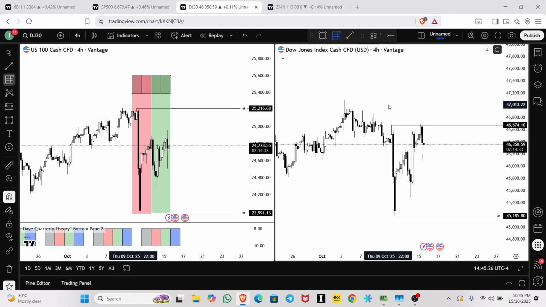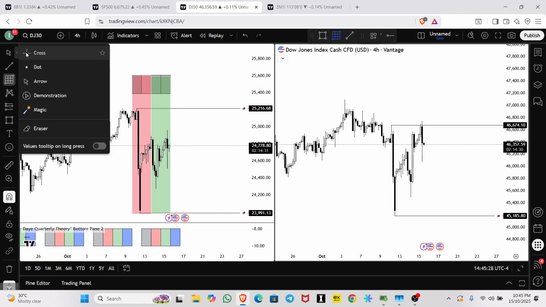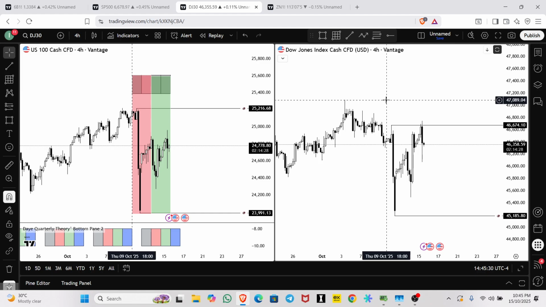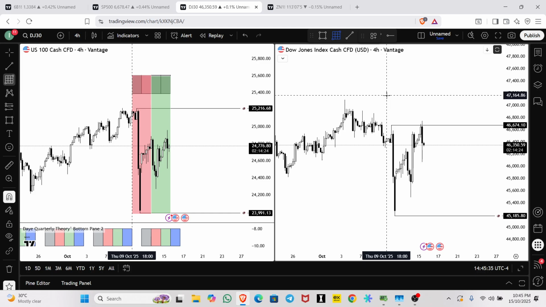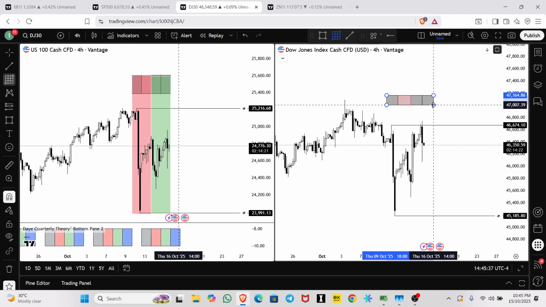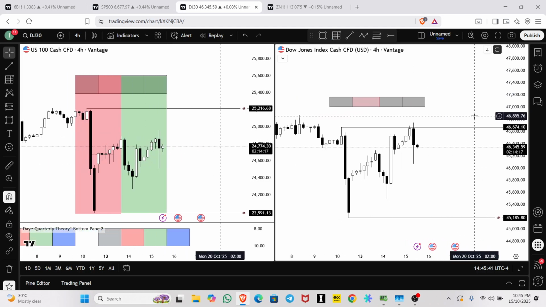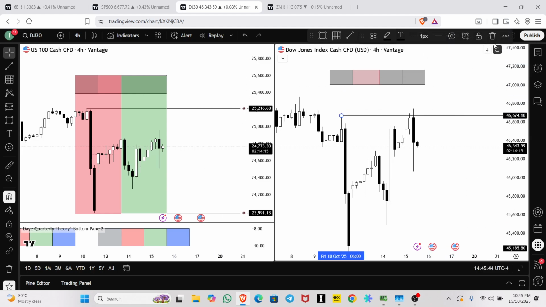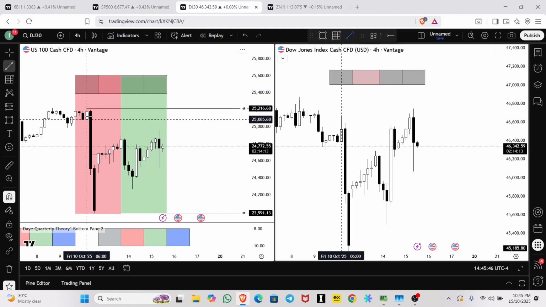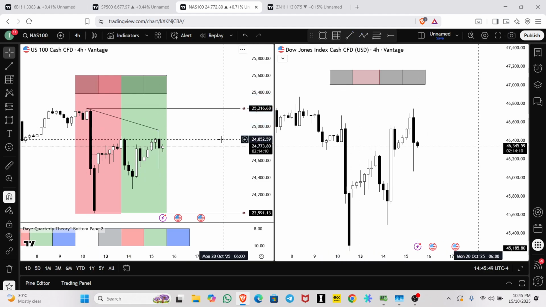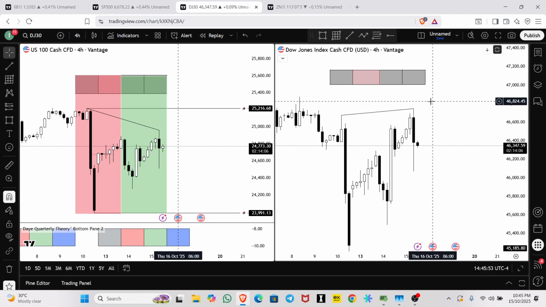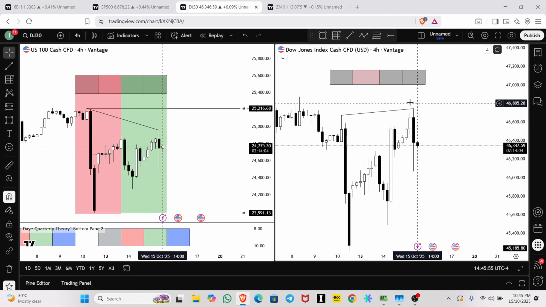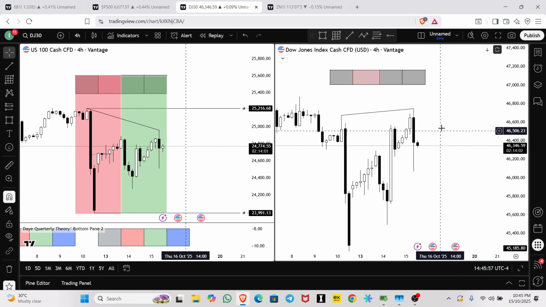if I mark out Friday from here, sorry, on the Dow, Friday till Wednesday, right? What do we see? We have a crack in correlation between these pairs. Along with this crack in correlation, what do we have?